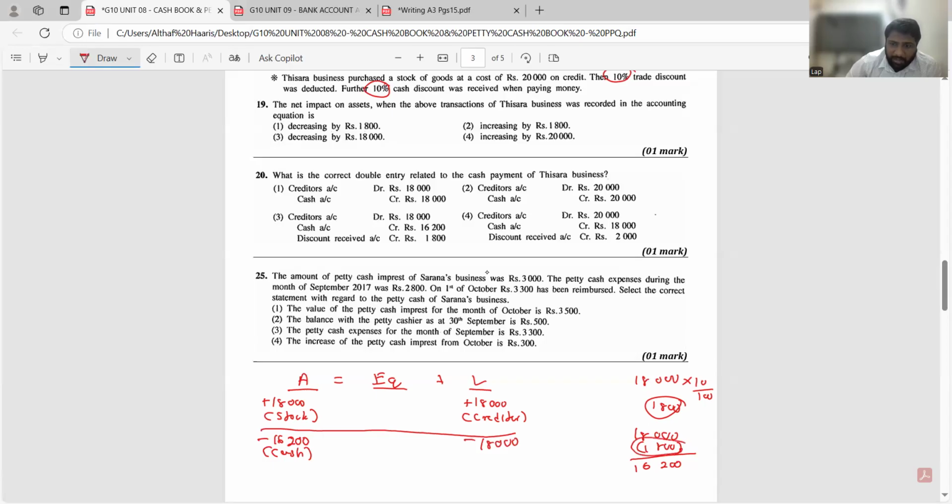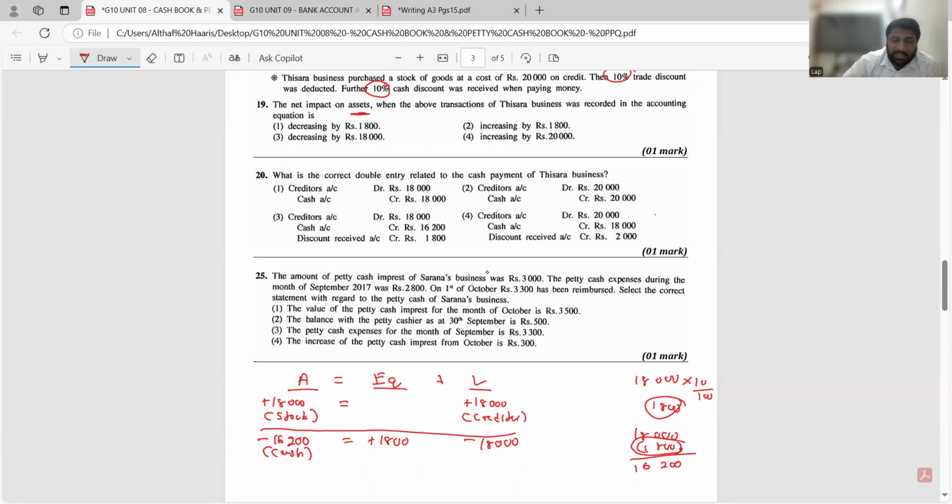This 1,800 is what, Lamai? It is a discount that I received. Cash discount received is an income for the business. So income will increase the equity, 1,800. So here they are asking net impact on assets.